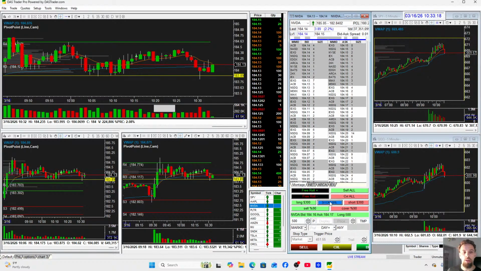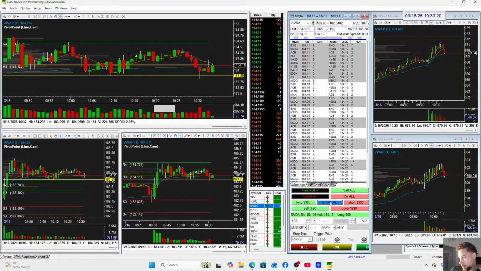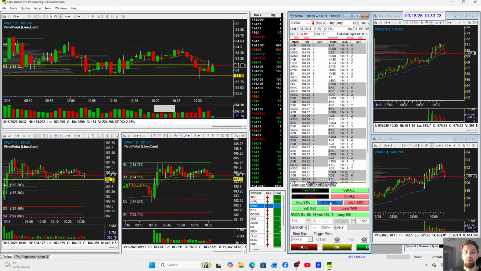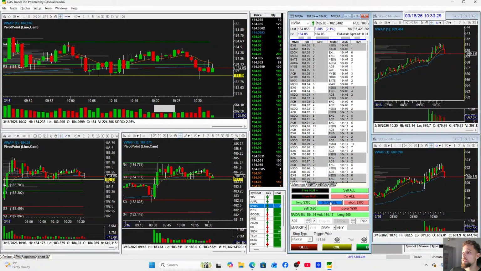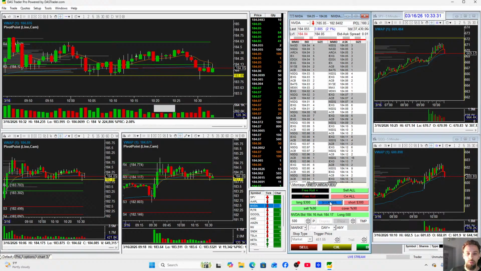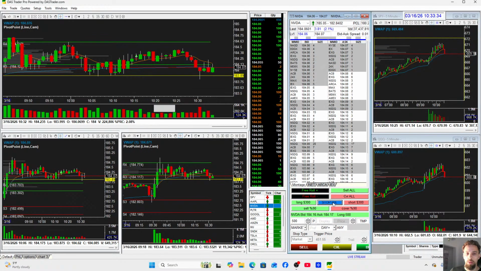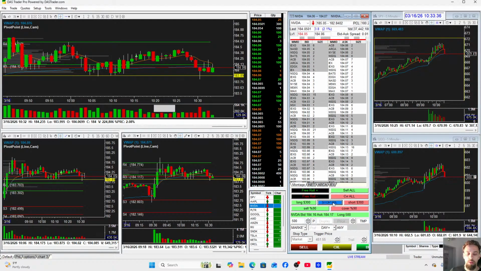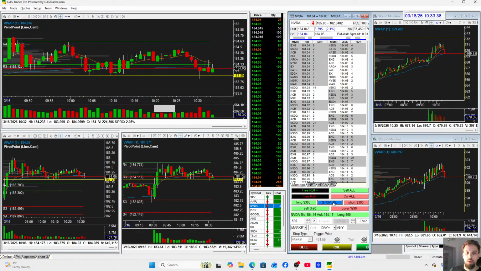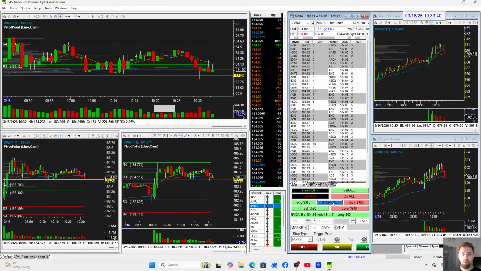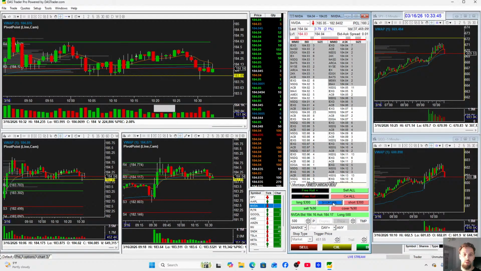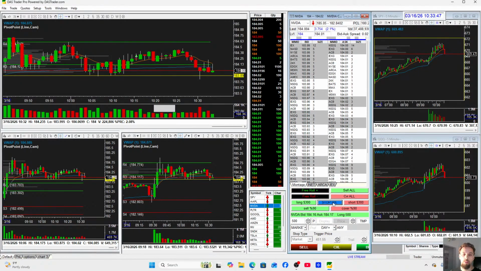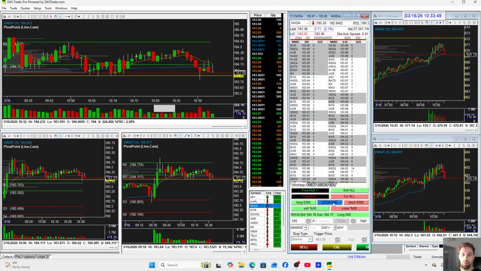Still in our position, guys. Still in it. Haven't closed it just yet. SPY and QQQ are looking weak. The market doesn't care what I want today. Yeah, that's looking weak for sure.